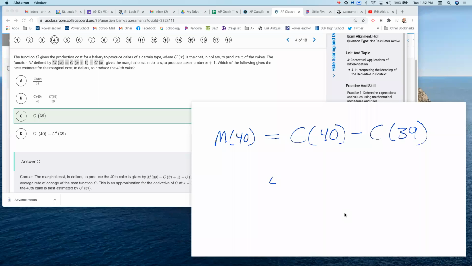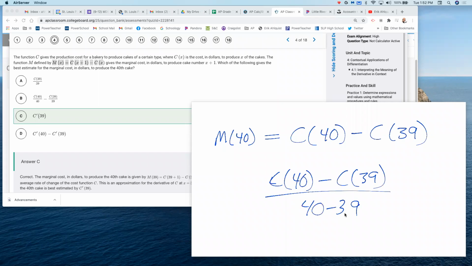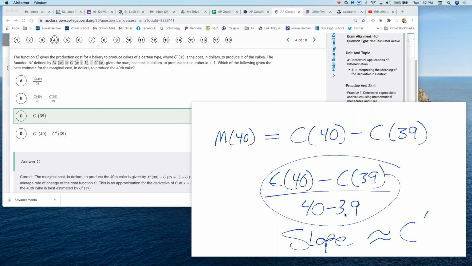But then if you do C of 40 minus C of 39, and you divide it by 40 minus 39, which is just 1, right? This is another way of doing the slope, and it's really sort of equivalent to C prime of 39.